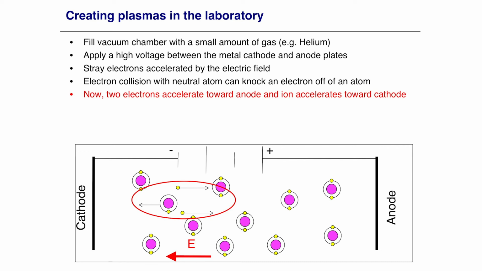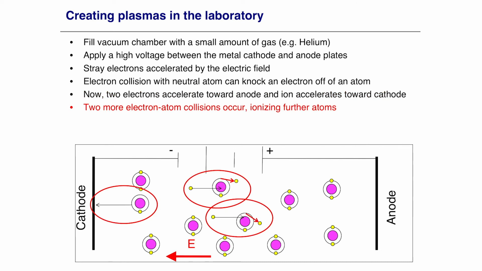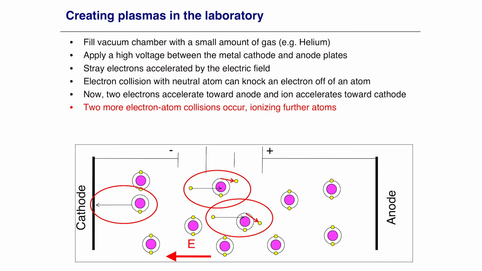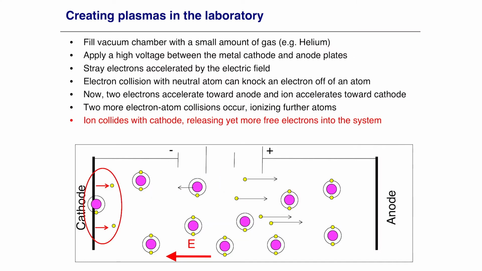So we see here that the two electrons now collide with two more neutral helium atoms and knock off further electrons. So we're going to go from 2 electrons to 4 electrons that are now free from the helium atoms. And all of what remains of the helium atoms are now positively charged and are going to move toward the cathode. Eventually, those helium ions collide with the cathode wall, this piece of metal that we call the cathode.